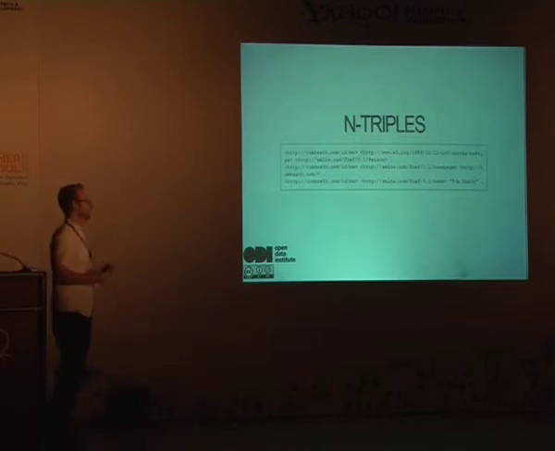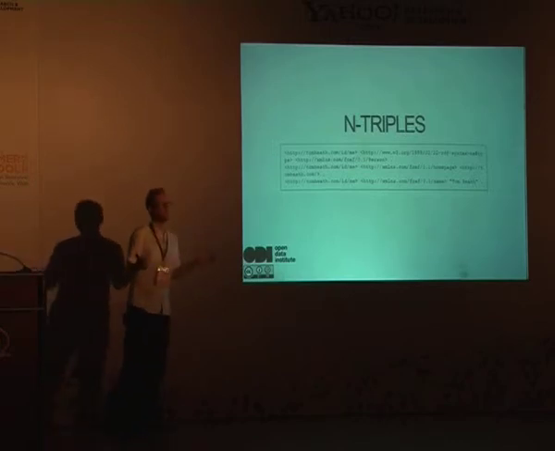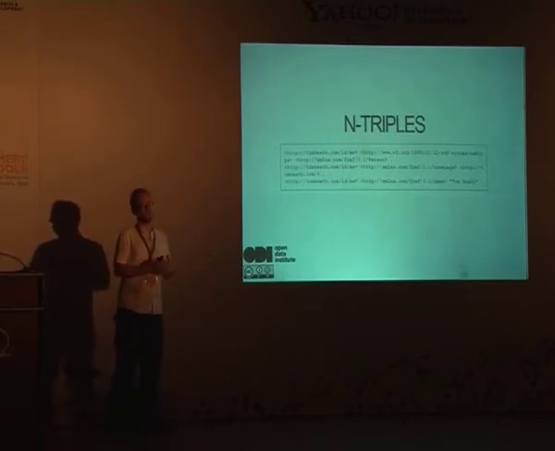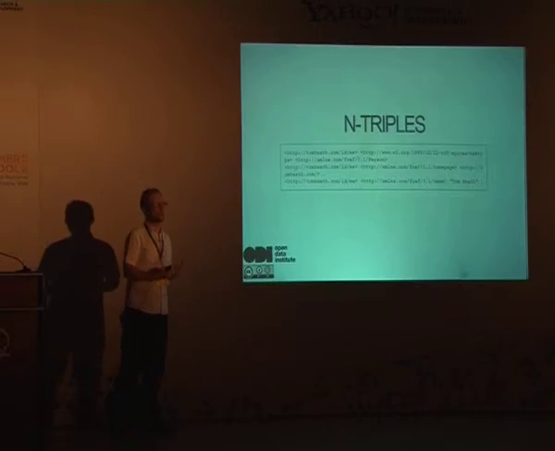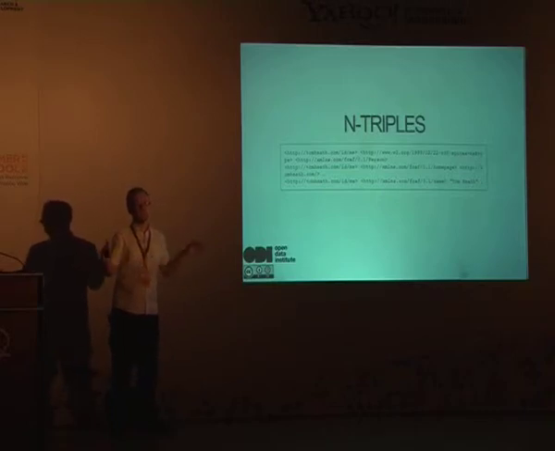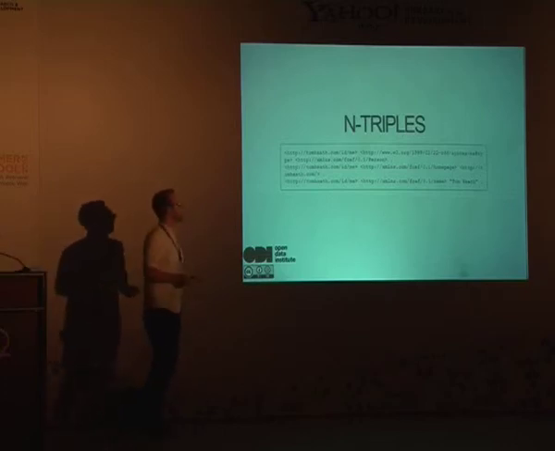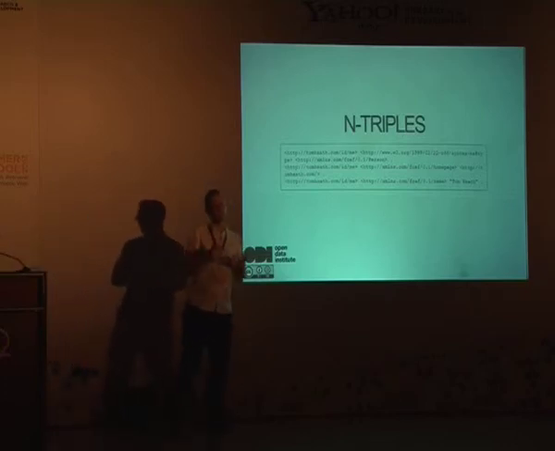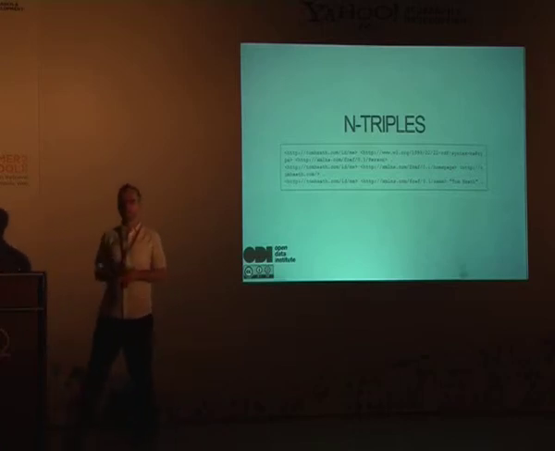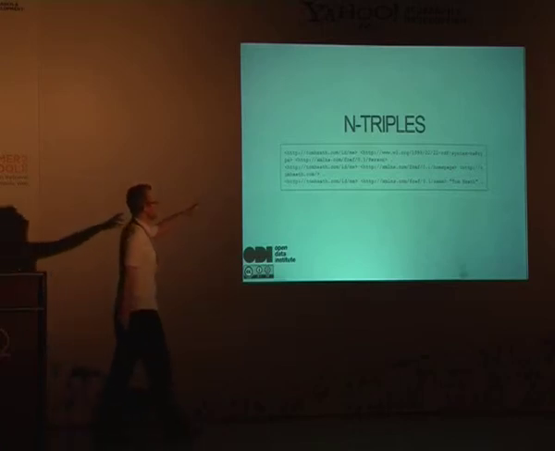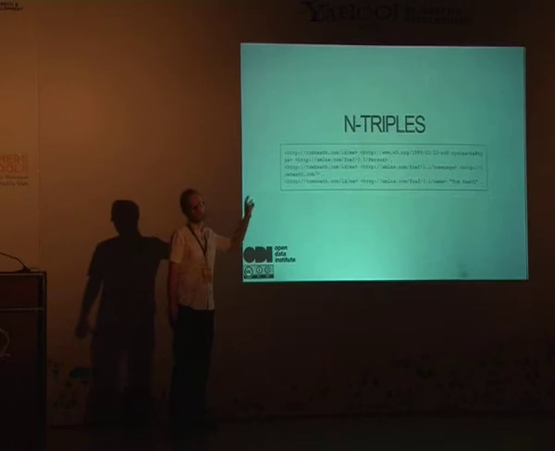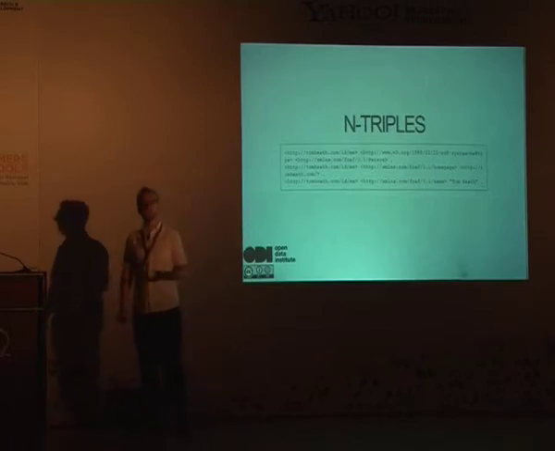So this is a great format, this is the simplest format around. It's very easy to read because you have one triple per line, subject, predicate, and object. The relationship between them is very clear. And it's also very good for processing. All the redundancy in the URIs means that it's highly compressible. So it's great for shipping data around.